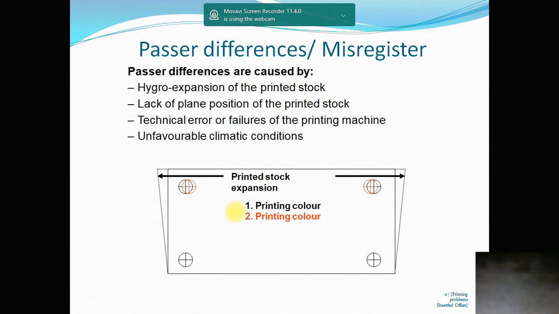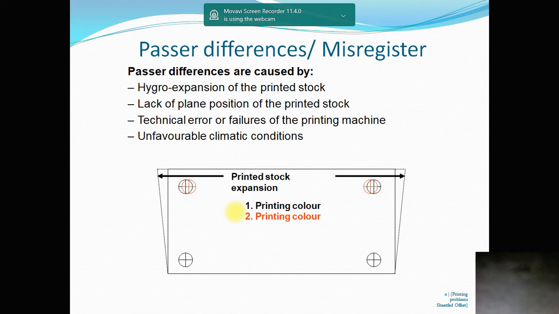If the same sheet is used for the next color print, for example, initially I printed with cyan. If I am going to print with magenta, at that time for cyan the dimensions are good, the paper dimensions are okay. But when it is printed with magenta color, because of the above said conditions, the paper stock may get expanded.